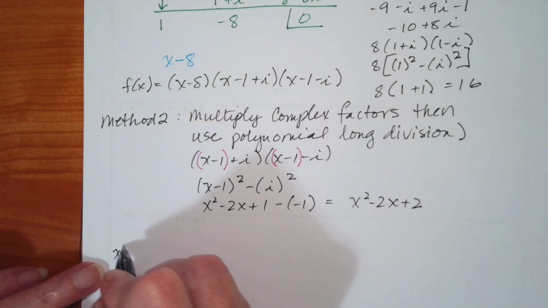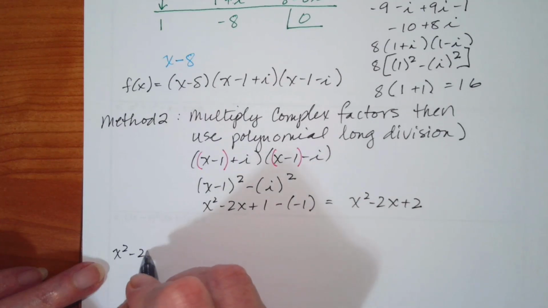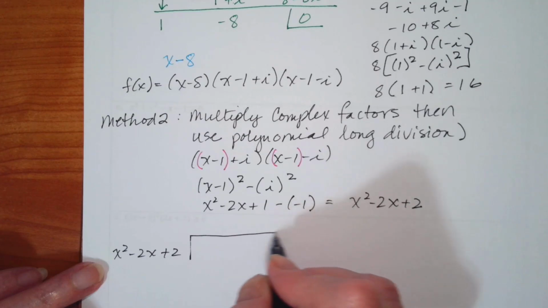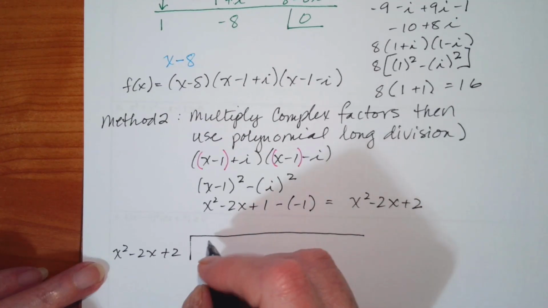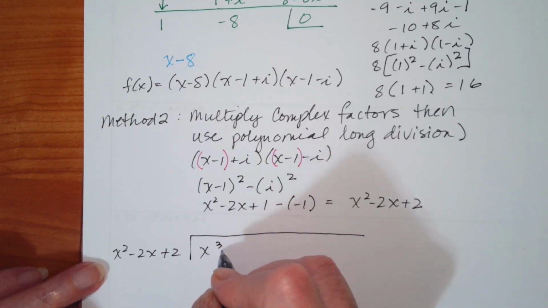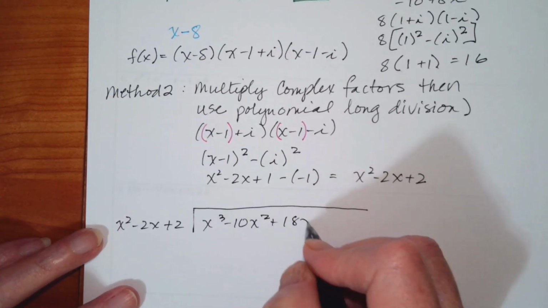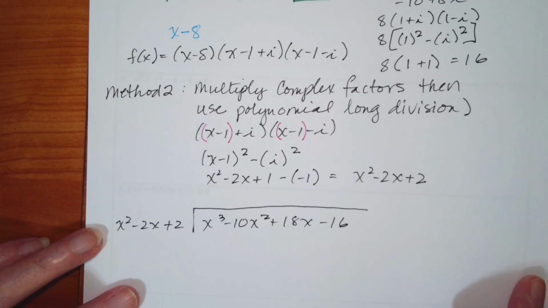So I'm going to take x squared minus 2x plus 2 and divide it into my original polynomial, which is x to the third minus 10x to the second plus 18x minus 16.